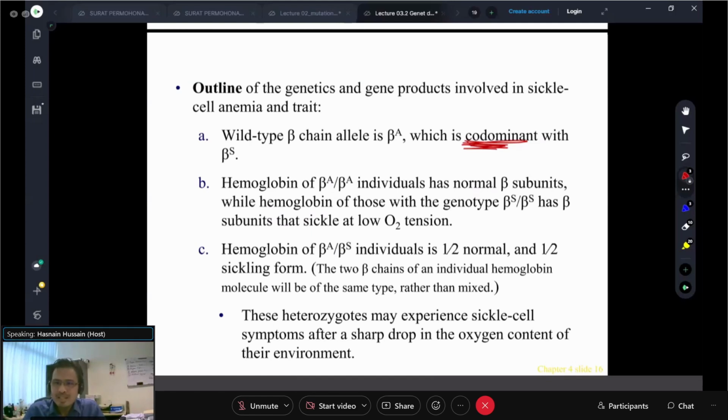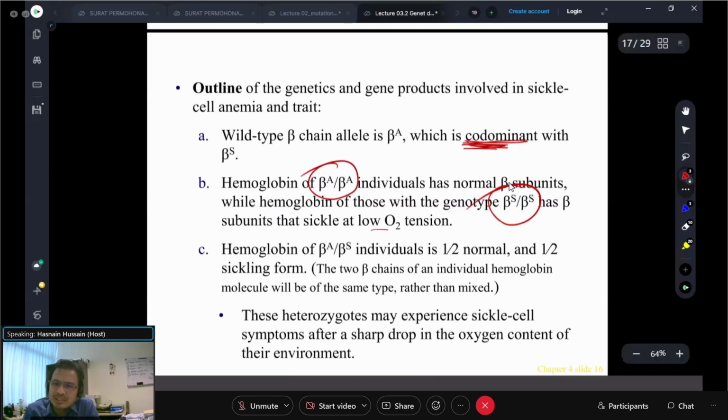So hemoglobin BA individuals have normal subunit, right? This one is a diploid form, whereas in the diploid form of the homozygous recessive, you have both sickle subunits.